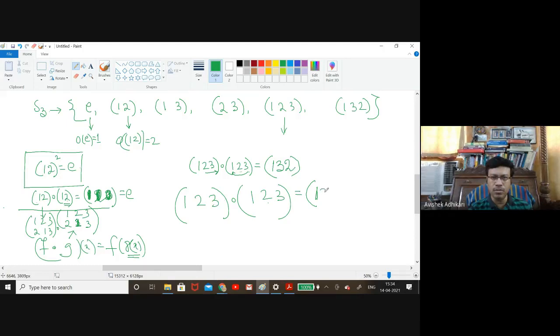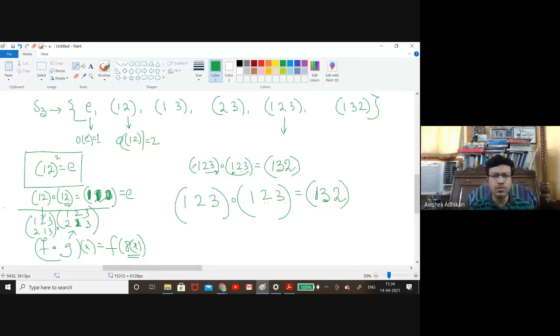That means 1 goes to 3. Then start with this 3. Here 3 goes to 1, and here 1 goes to 2. That means 3 goes to 2. Then start with this 2. So 2 goes to 3 here, and then 3 goes to 1. That means ultimately 2 goes to 1. That means the cycle is closed. Is it clear to all of you?